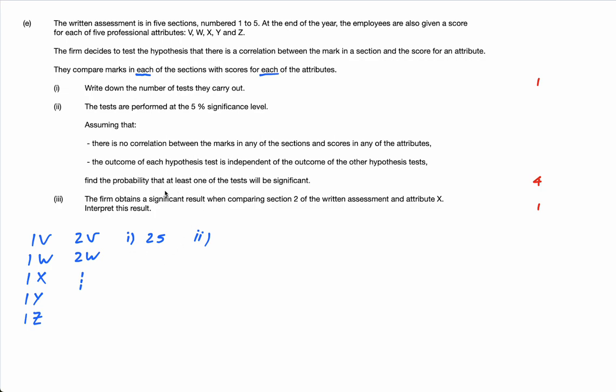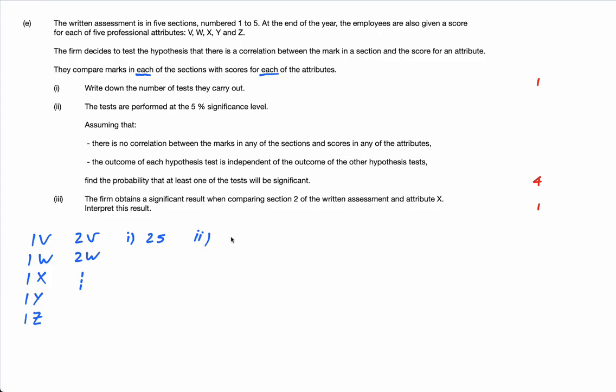Even though there's no correlation between any of the numbers and any of the attributes, you still might get a flawed test, a significant test, even though there's no correlation. That's the kind of point they're getting at here.